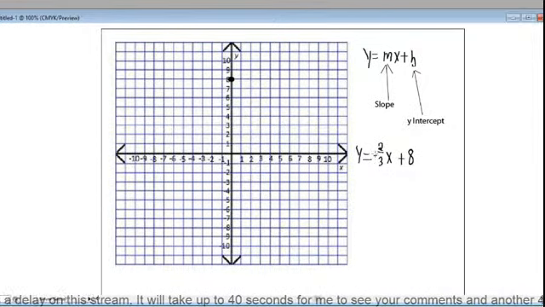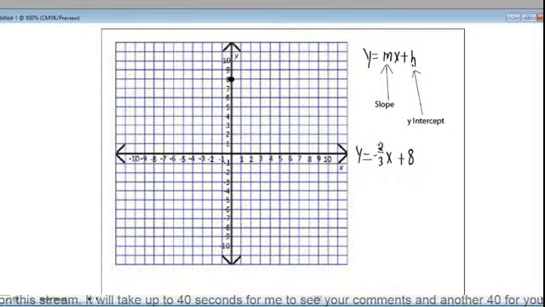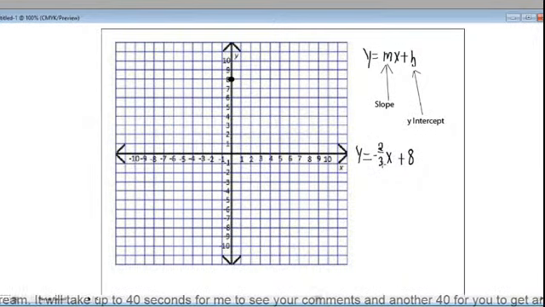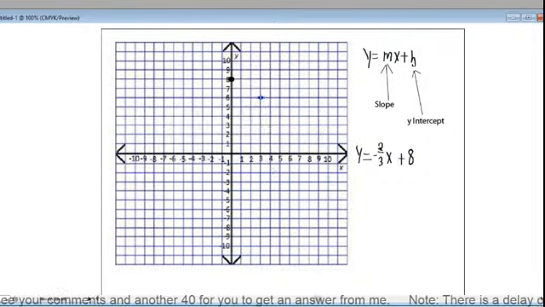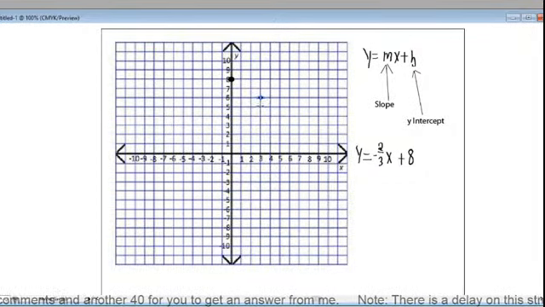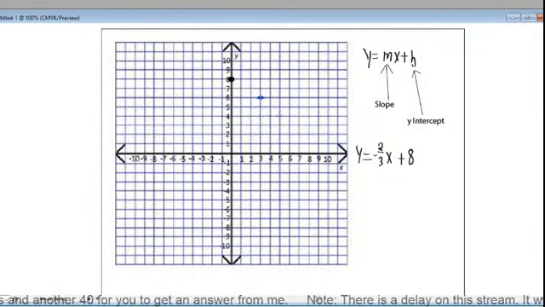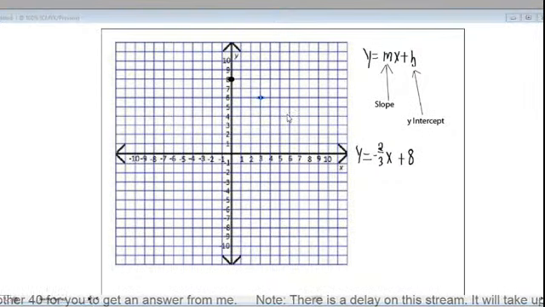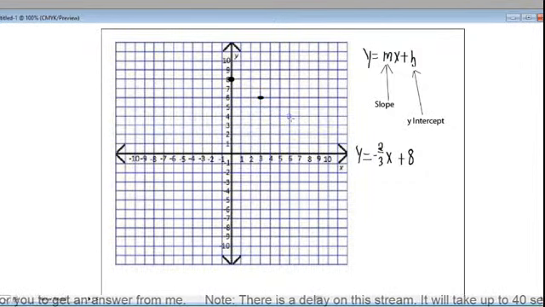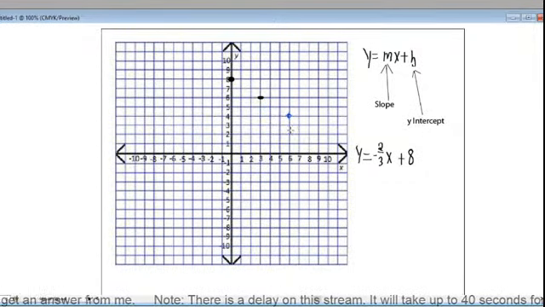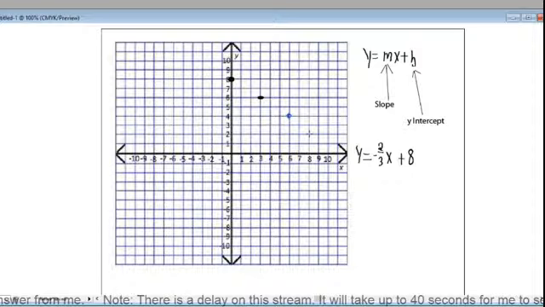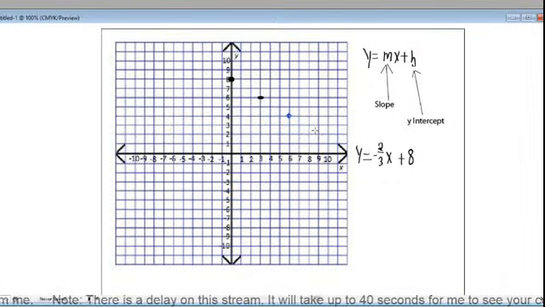So because it is negative, it's telling me that I'm going to go down 2 and over to the right 3. So from this first point, we go down 1, 2, and over to the right 1, 2, 3. So we've got a point here. Again, we go down 2, over to the right 1, 2, 3. We have another point here. Down 1, 2, over to the right 1, 2, 3. We have another point here.